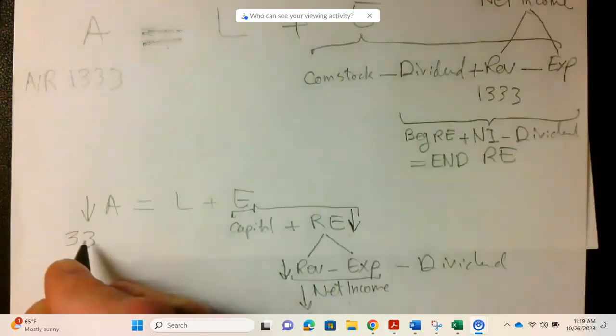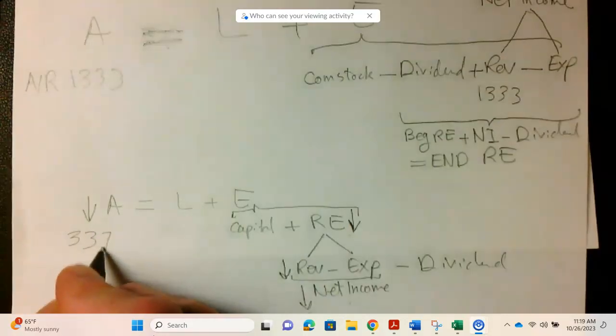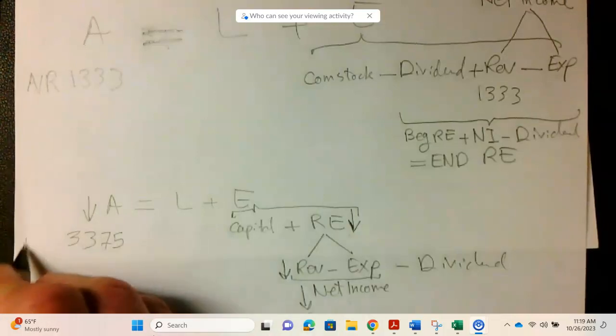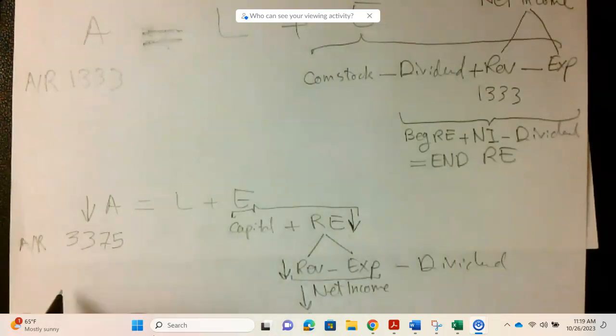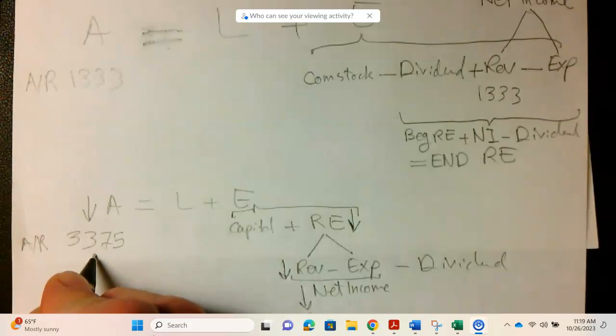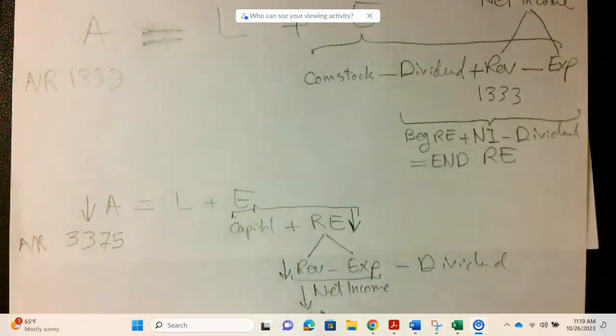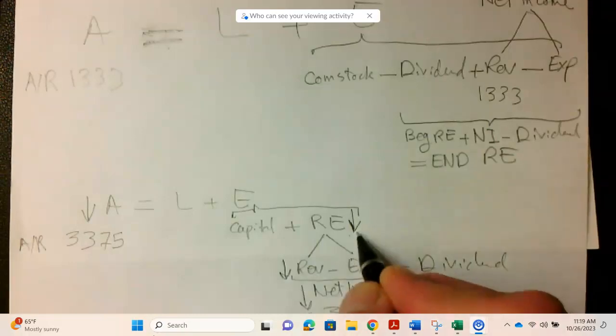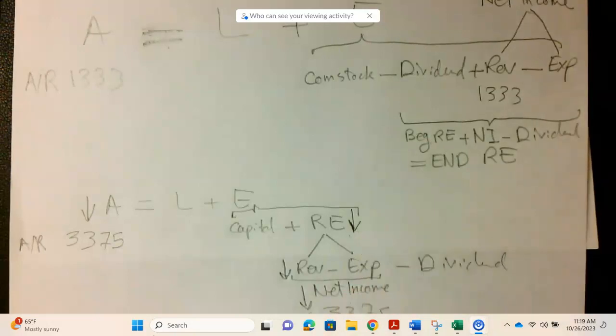So if $3,375 of accounts receivable is understated, then net income is understated by 3,375 because revenue is understated. That means net income is understated. So if this is understated, that means your retained earning is understated by 3,375.